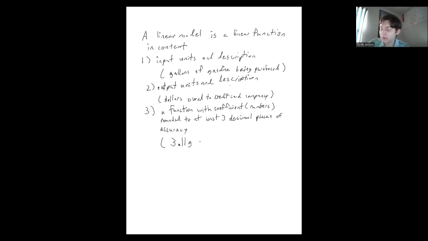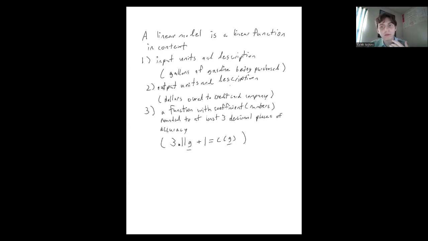Then, because we made a purchase, we would also owe them an additional dollar for making this purchase. And then we may name our function C as our output. So this might be our function C of G is equal to 3.11 G plus 1. Again, our inputs are very clear and consistent. Our input here is G, so we would write G in the function.